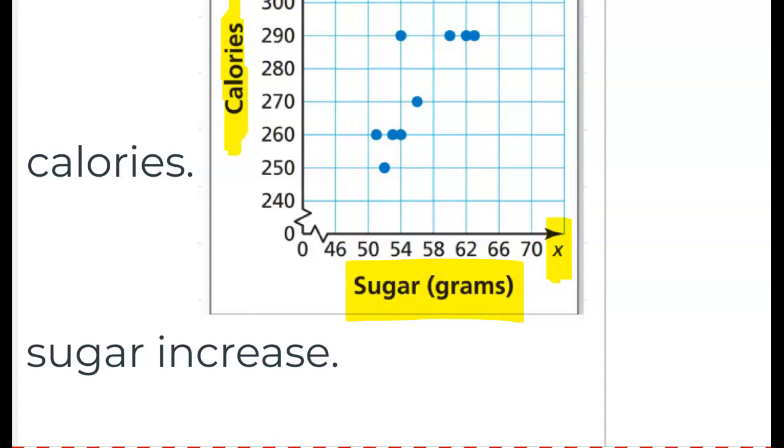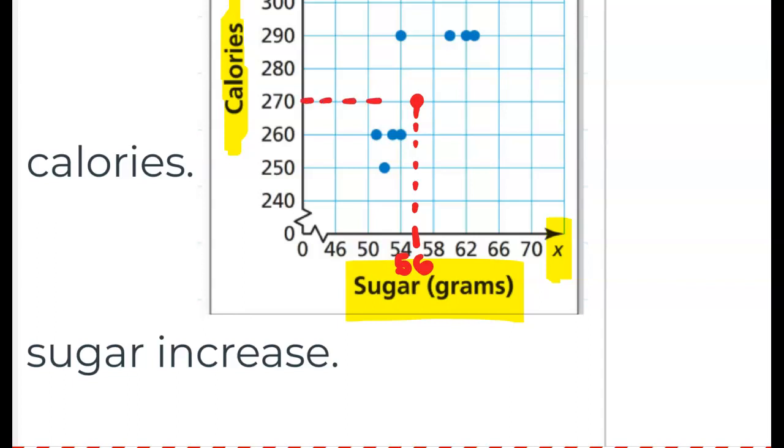We find 56. So if you look straight up from 56, and if you even want to put it on there, you can say, well, 56 is right here. We go straight up vertically, and you can see we hit a point. That smoothie, that dot, has 56 grams of sugar. And then if we look to the left, we can see how many calories it has. So we do the same thing.